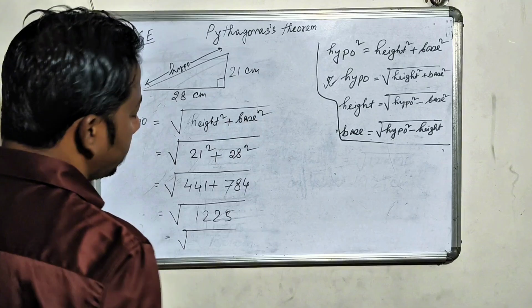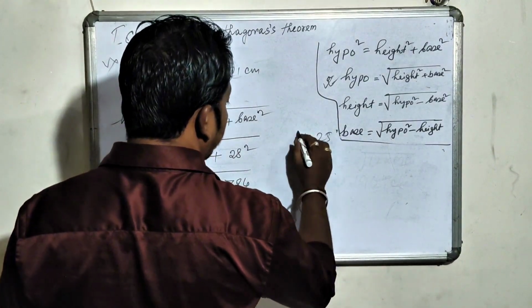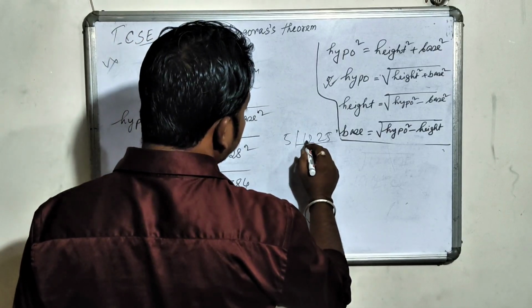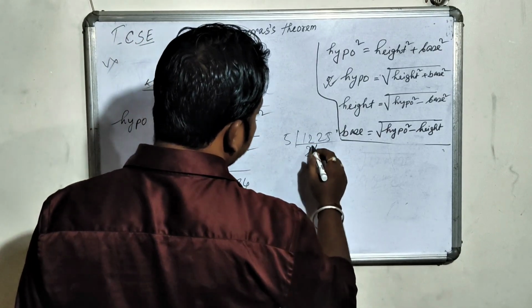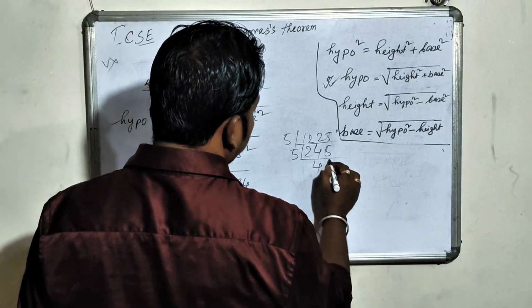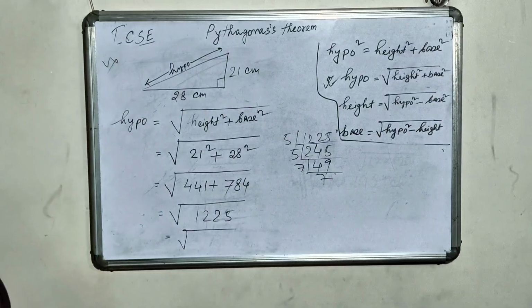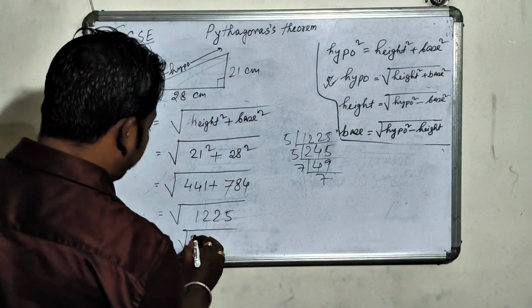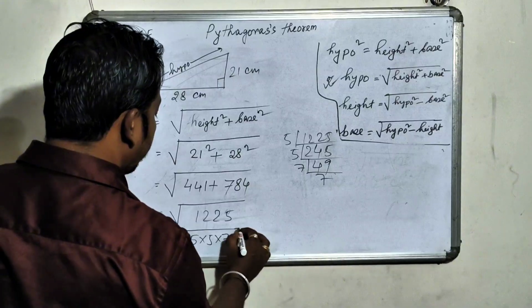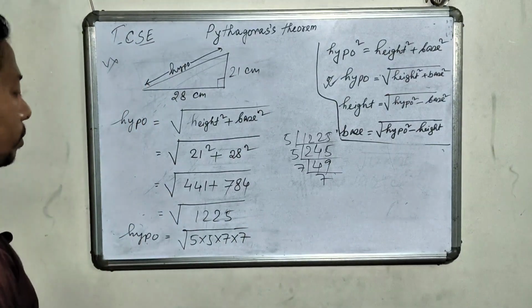There are two ways. The basic simple way is the method of LCM, prime factorization. 5 into 5 into 7 into 7, that is hypo equals that value.